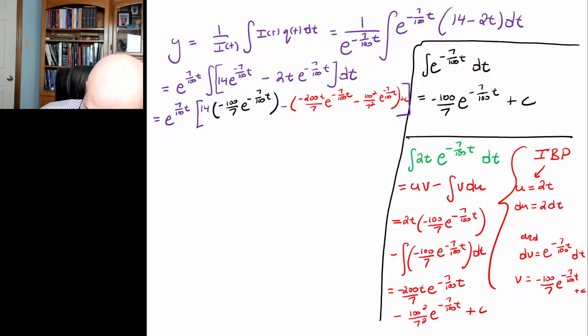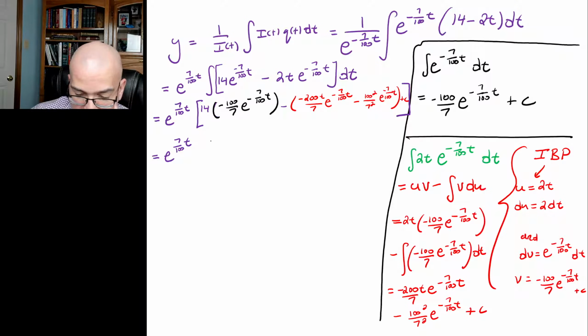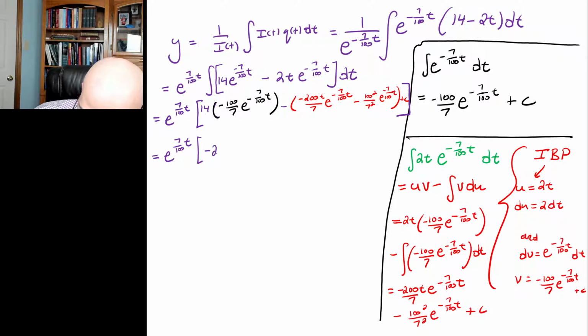And then we can clean this up a little bit. And 14 over 7 is 2, so negative 200 e to the negative 7 over 100 t plus... Maybe it's better to do negative 1,400 over 7, not simplify it, plus 200 over 7 e to the negative 7 over 100 t.